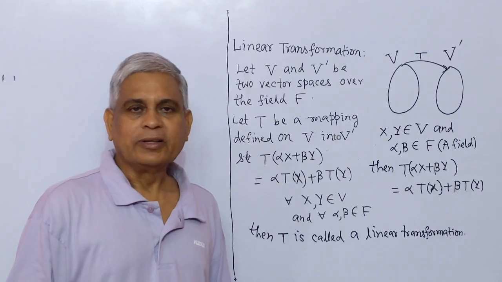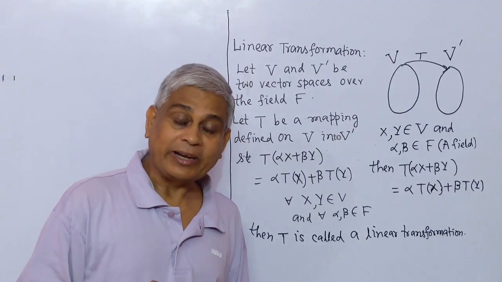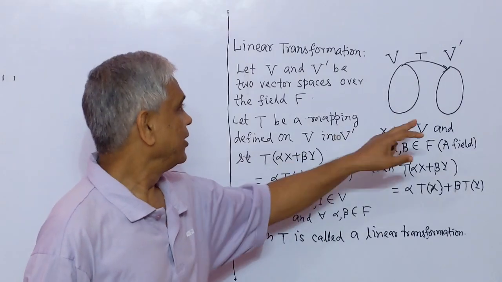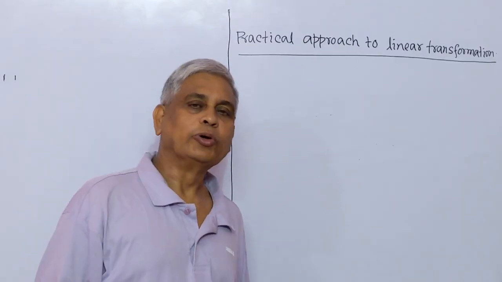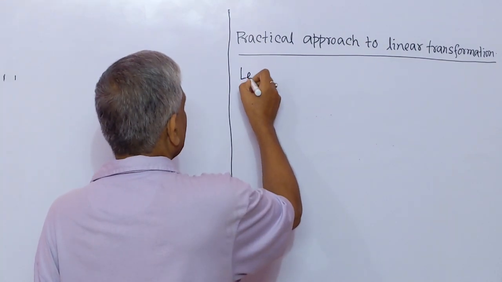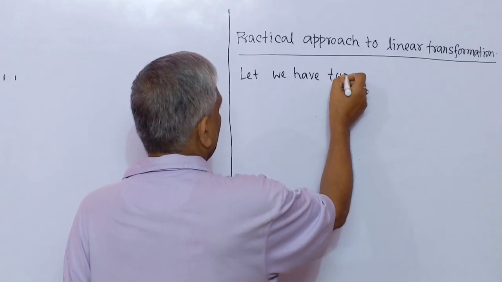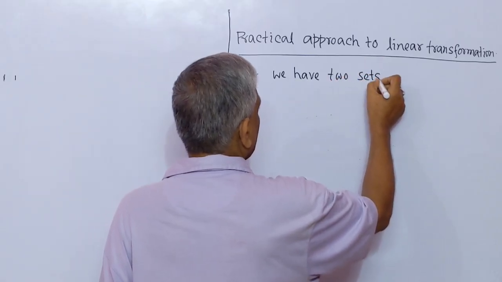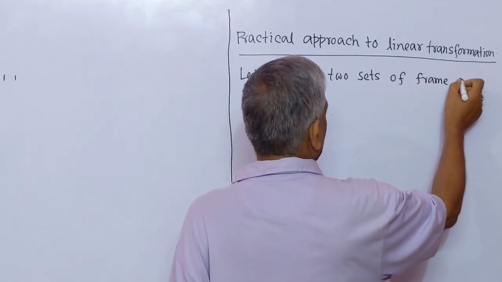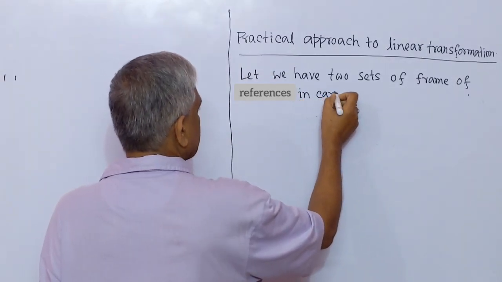Now I will show the practical approach to linear transformation, in which a square matrix plays the active role in place of T. Let we have two sets of frames of reference in Cartesian system of coordinates.